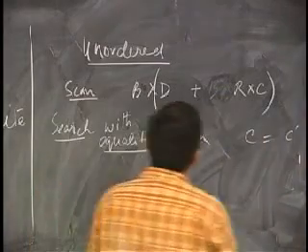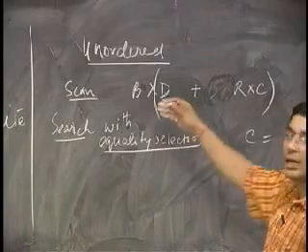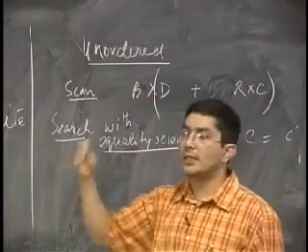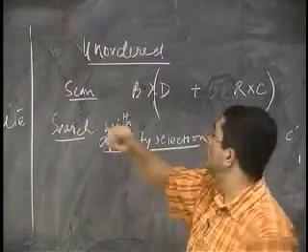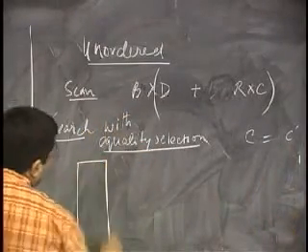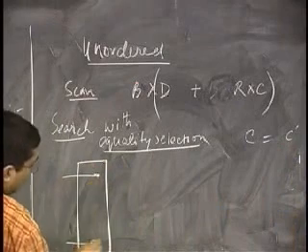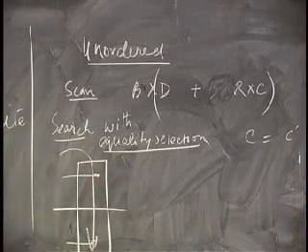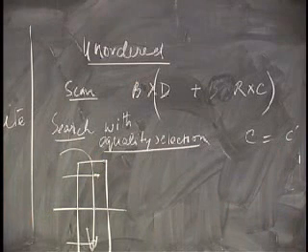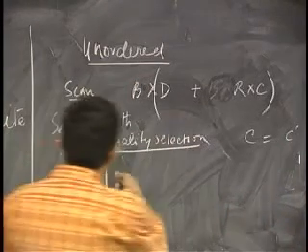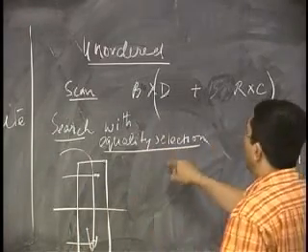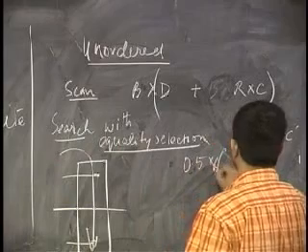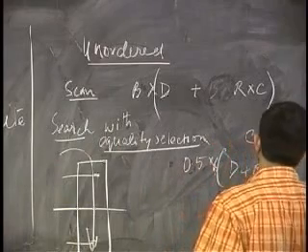On average, you can think that 50% of the time you'll find it. This is the file, and the data could be here or here. So on average, when you go through this, it will be 0.5 of the time taken for scanning. So search with equality selection would be 0.5 times B times (D plus RC).